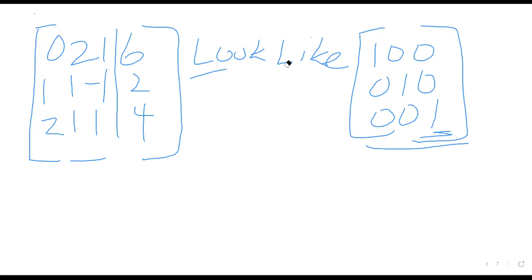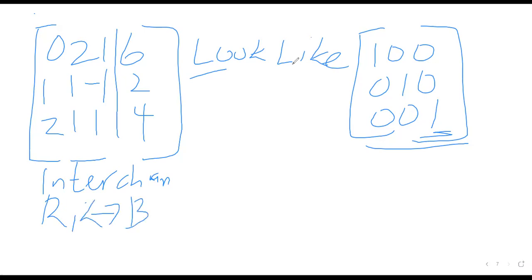Romeo says we should interchange. Romeo, what should we interchange? We should interchange row 1 and row 3. Okay. So interchange row 1 and row 3.